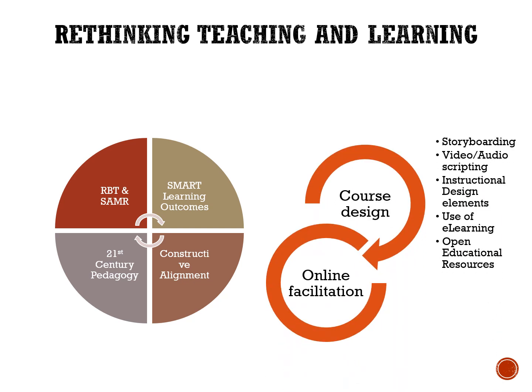We are going to talk about course design and online facilitation, where you will do storyboarding, video and audio scripting, instructional design elements, the use of e-learning, and we also incorporate the use of open educational resources.